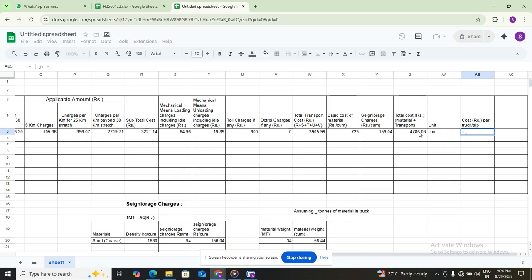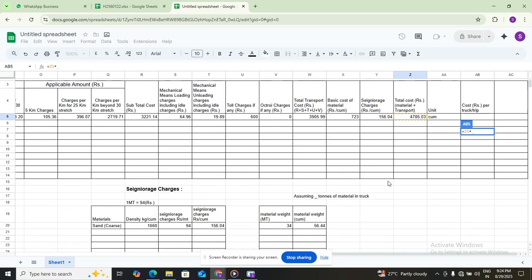This is the cost per meter cube, multiplied with the total capacity. This is the overall cost of the 34 ton, the overall cost.